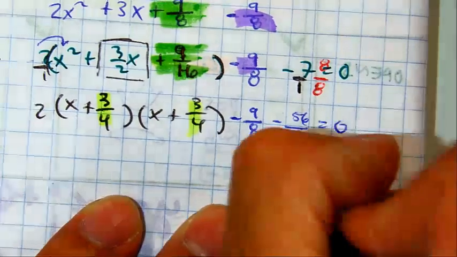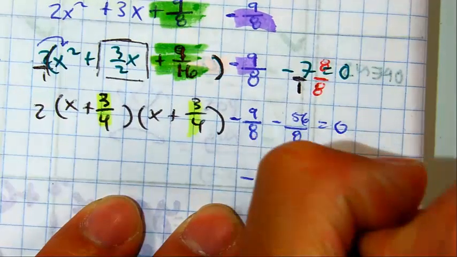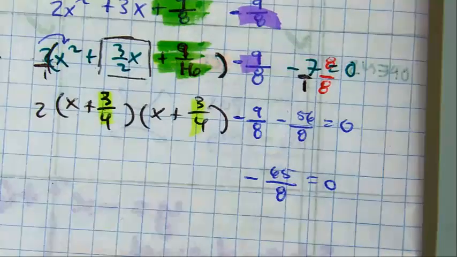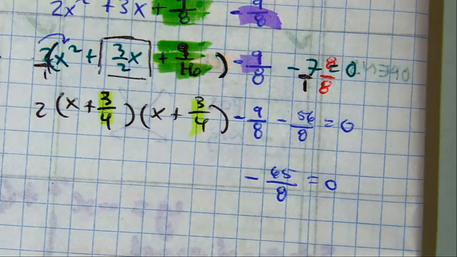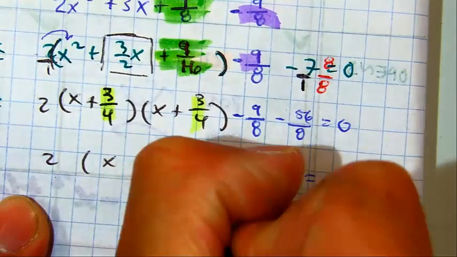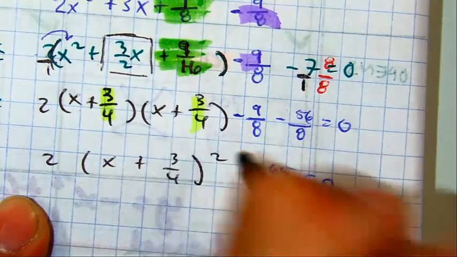Negative 65/8. Raise your hand if you got that. Yay, fractions. Let's finish this up. 2 times x plus 3/4 squared minus 65/8.